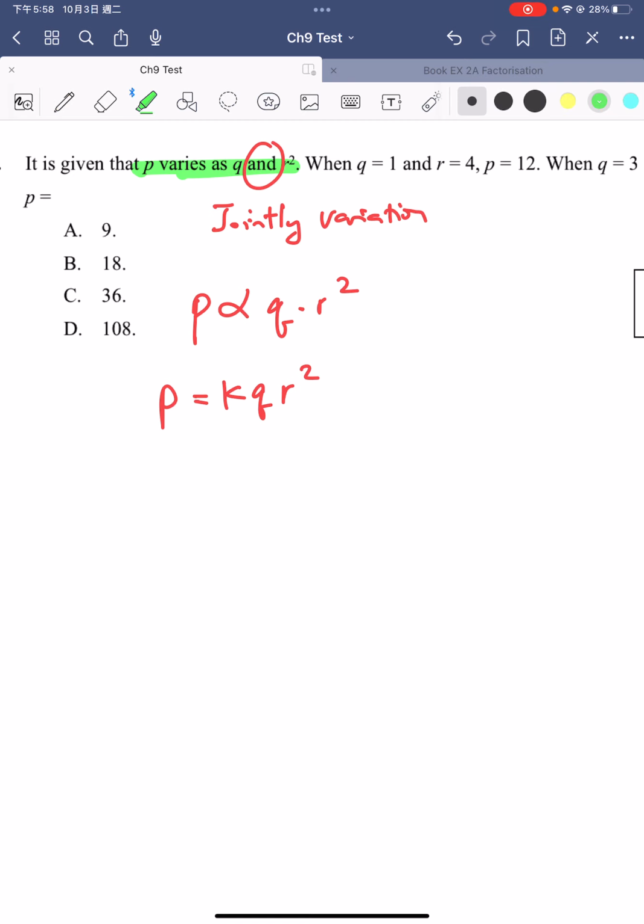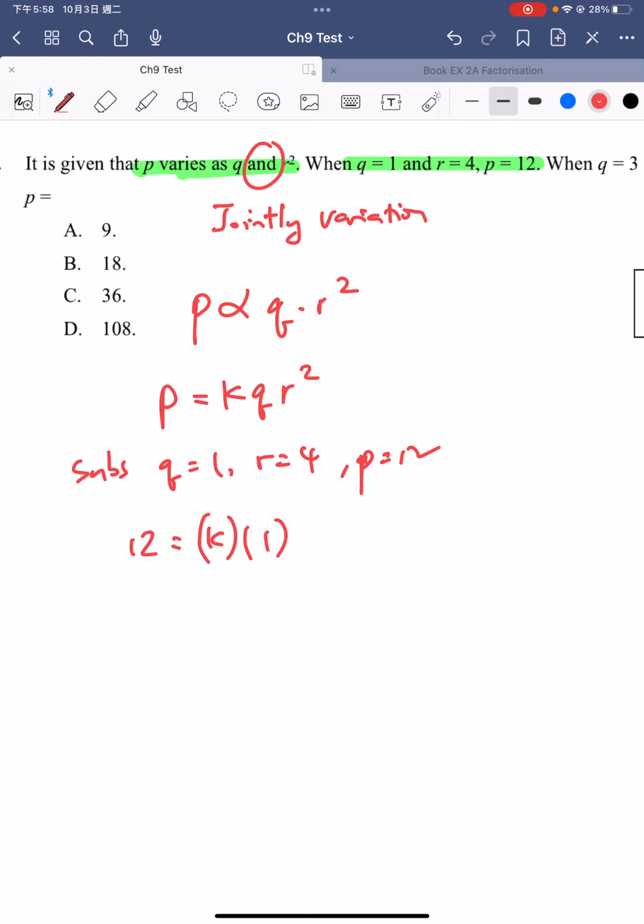The condition that we have is Q equal to 1, R equal to 4, P equal to 12. So we can substitute Q equal to 1, R equal to 4, P equal to 12 into our equation to get 12 is equal to K times 1 times 4 squared. So now we have 12 is equal to 16K, and K is equal to 3 over 4.